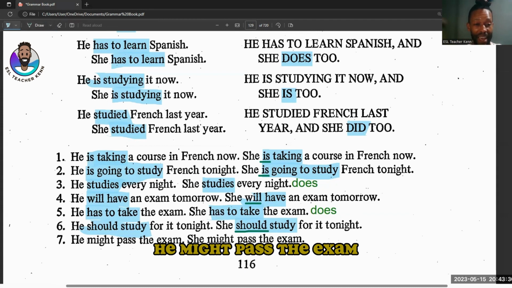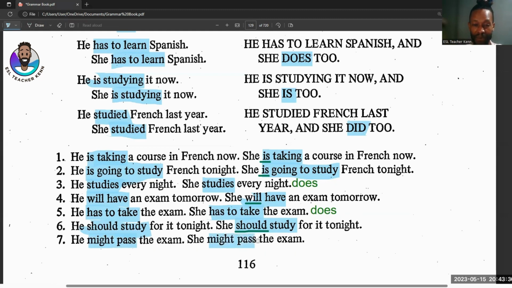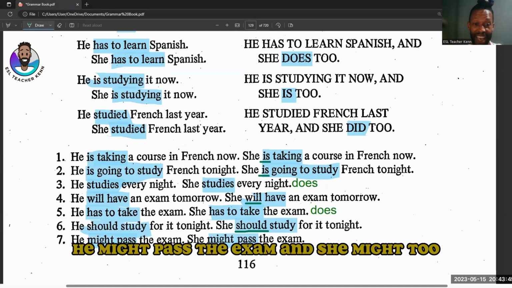He might pass the exam. She might pass the exam. He might pass the exam, and she might too.